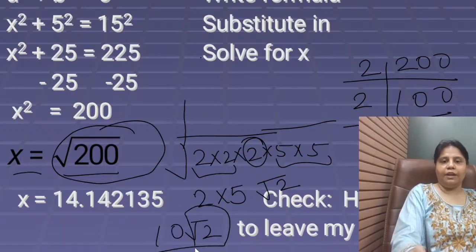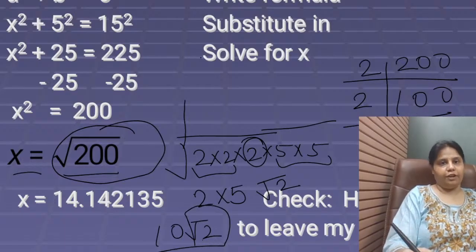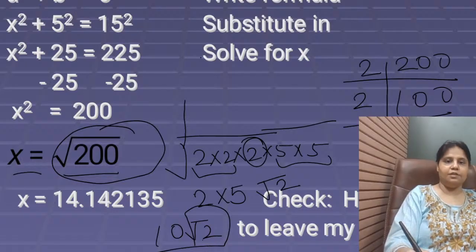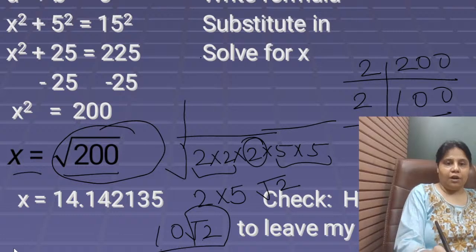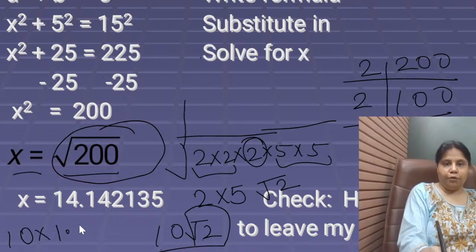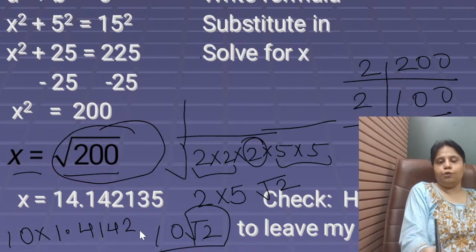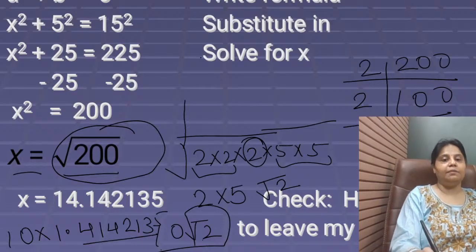Either we find the value of root 2, or we can find it with a calculator and multiply with 10. It is 10 times 1.4142135, the value of root 2, and then 14.142135 will be the value.